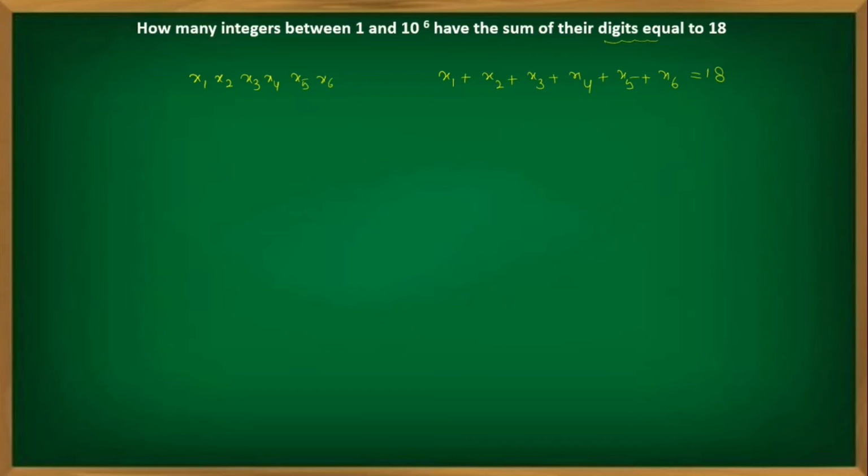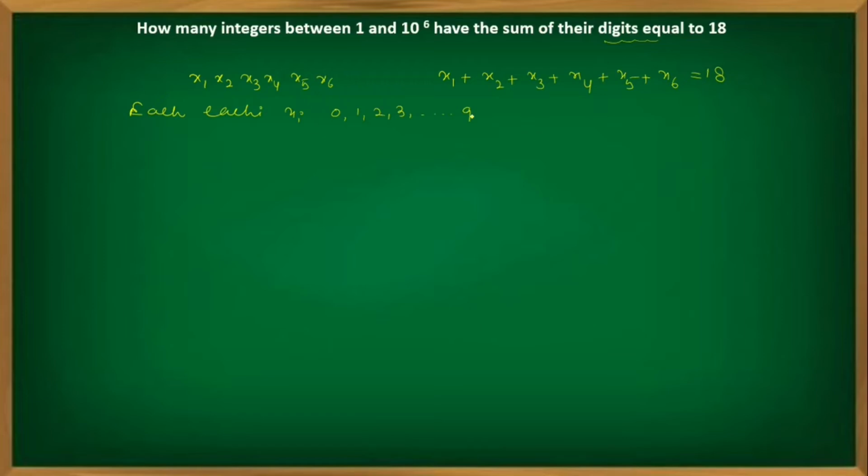Now, what are the possible values of x1? Just now I told you that x1 may be 0, x2 may also be 0, x3 may also be 0, x4 may also be 0. So each xi can take any value from 0, 1, 2, 3 and so on up to 9.